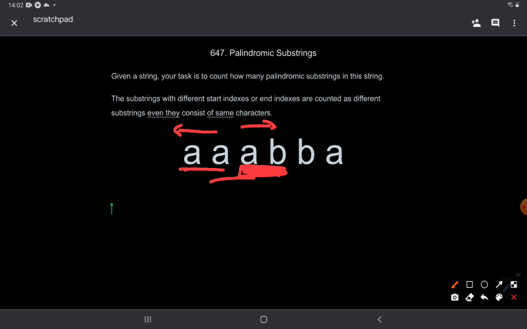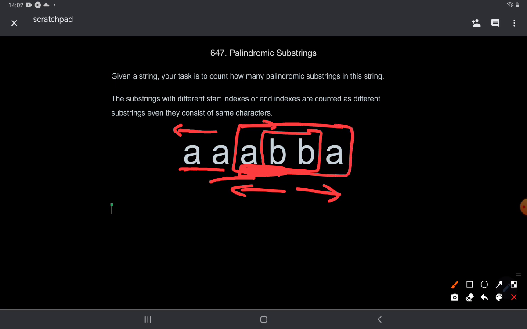So we'd ignore this. Then we'll come to BB, this group. So now this pair is of similar characters, so it could give us a palindrome. So we start expanding in both the directions from this, and here we see that both the characters are same. So this also gives us a palindrome, which is ABBA. So this way we can figure out all the palindromes which may be of even length.